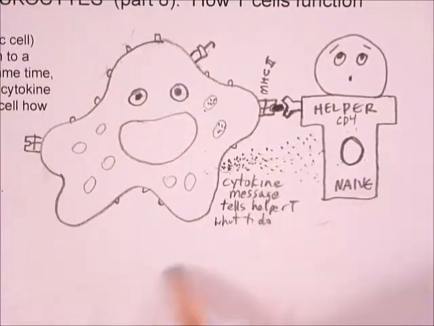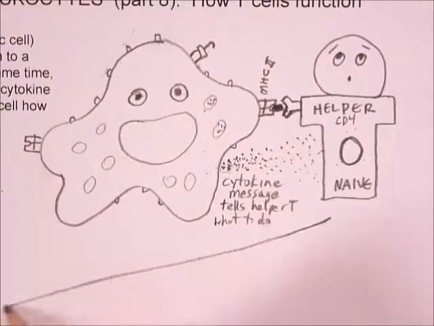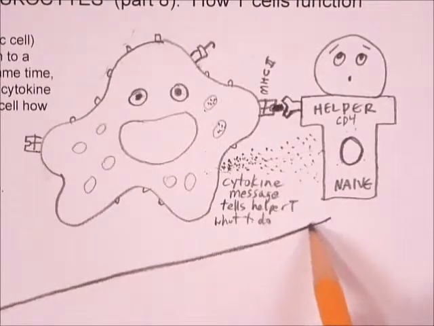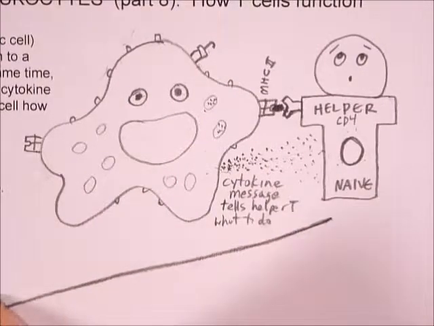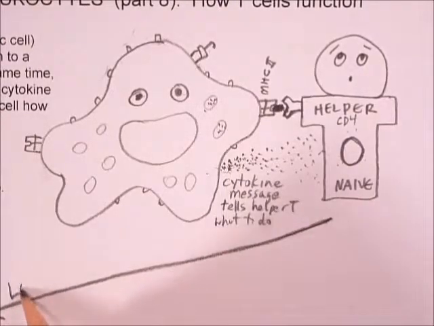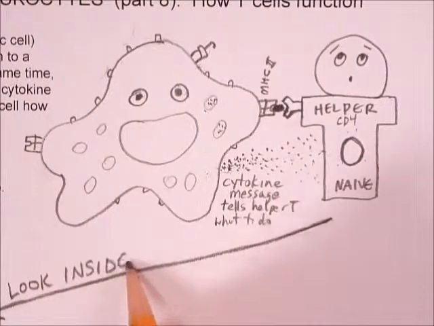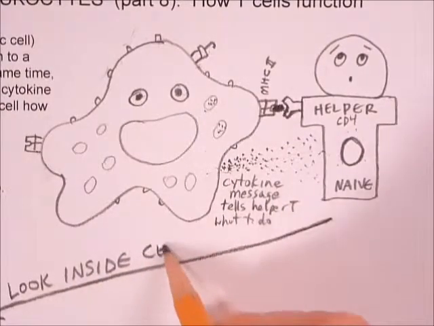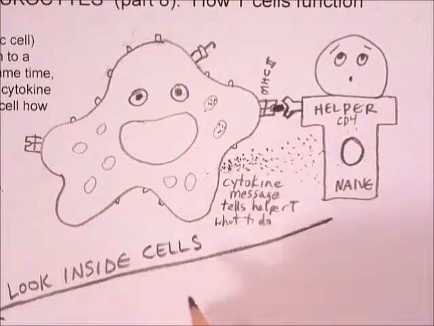One option over here, if you draw kind of a long line stretching over to here, that's kind of long, but we're going to go, this is one option that it could take, and this is going to say, look inside the cells. Look inside cells.